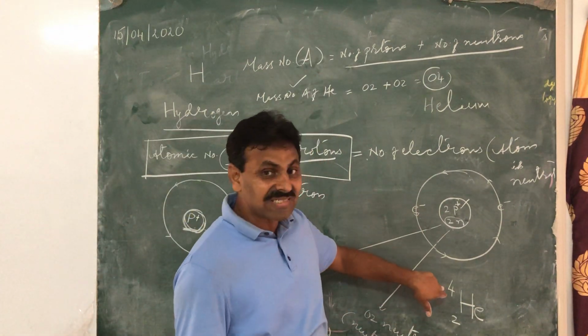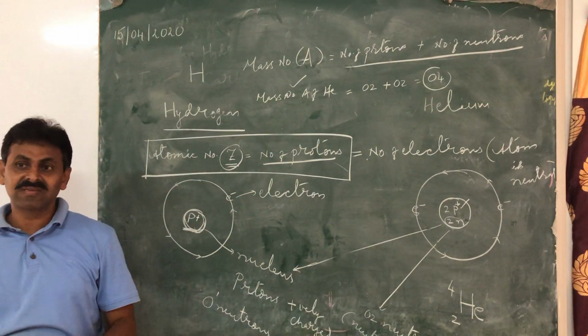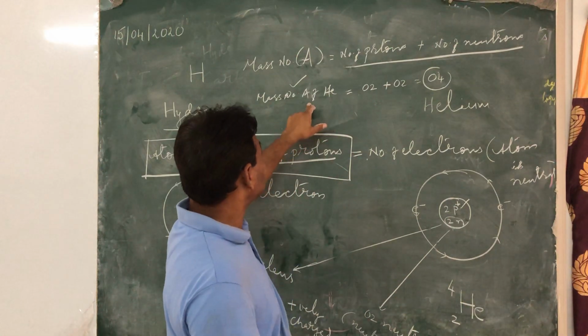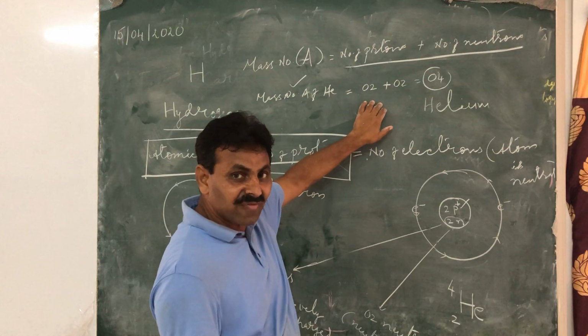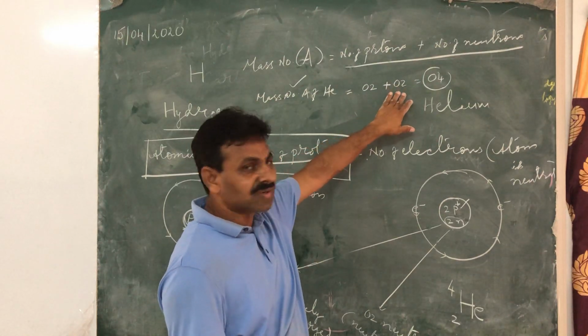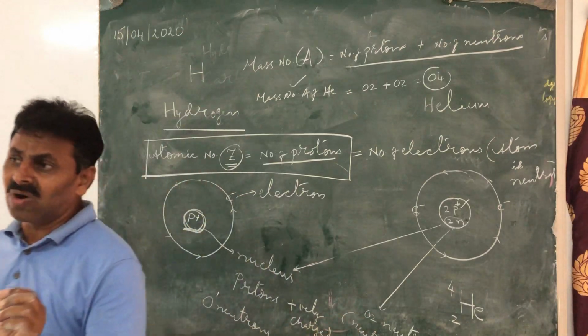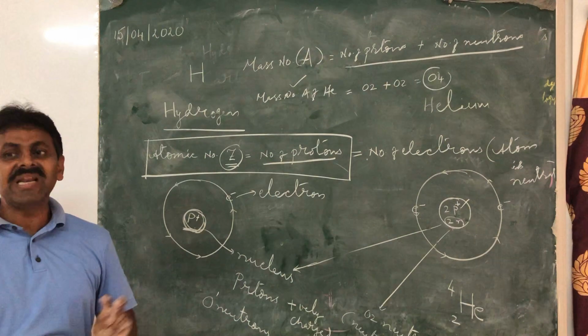So this is atomic number. This is mass number. See, mass number is different from atomic mass. That we will discuss later on. But here simply A stands for mass number, which is just the sum of the protons plus neutrons. We don't consider electrons because electrons are so small and their mass is considered to be negligible.